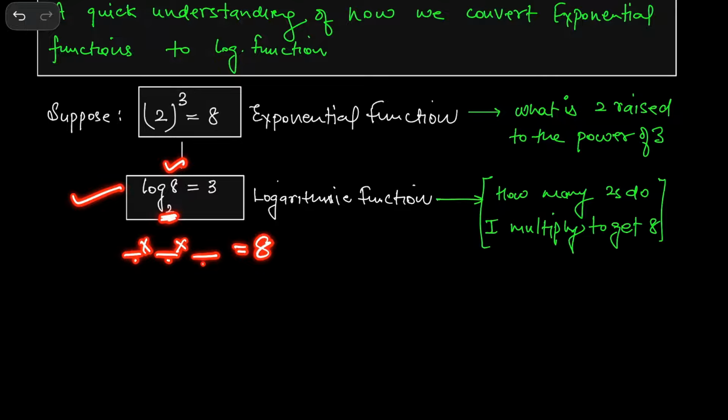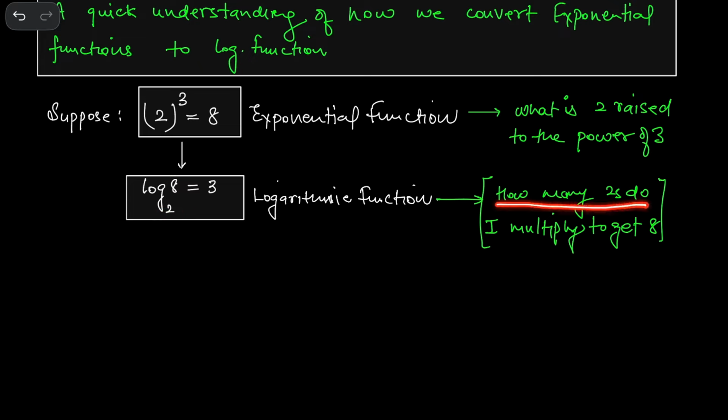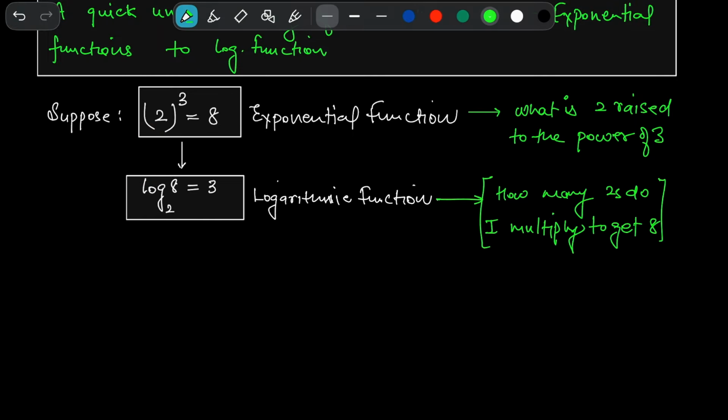How many 2's should I multiply together to get 8? And the answer comes as 3, because if I multiply 2 three times, I will get 8. So how many 2's do I multiply to get 8? This is the basic understanding of the exponential function and logarithmic function. We will understand afterwards how we converted this exponential function to a logarithmic function.